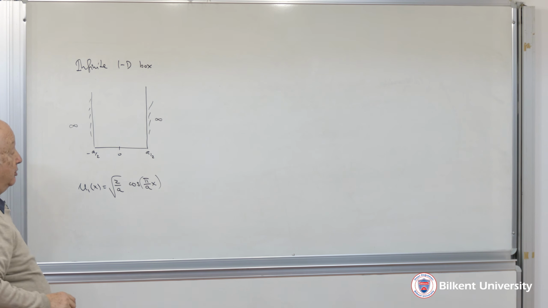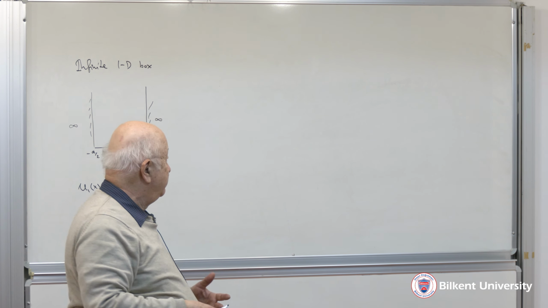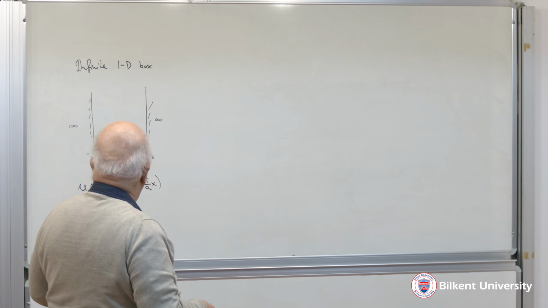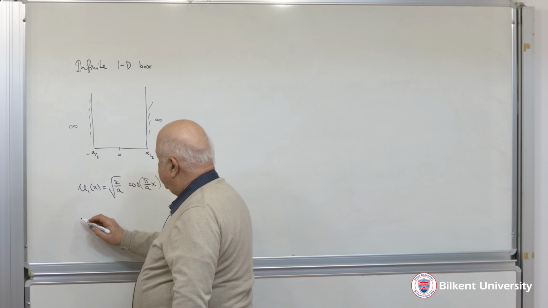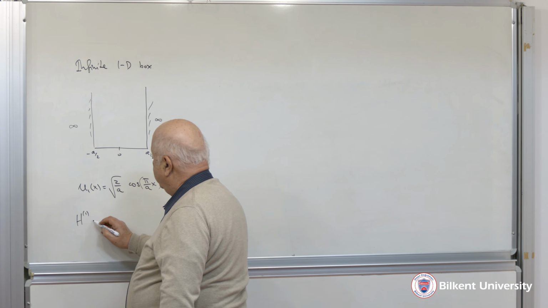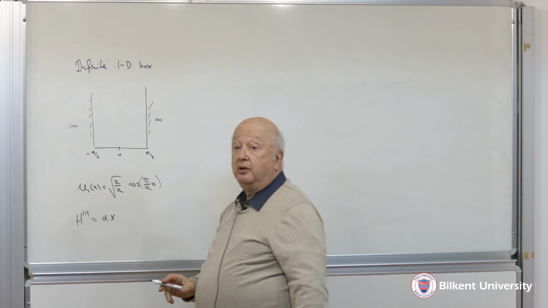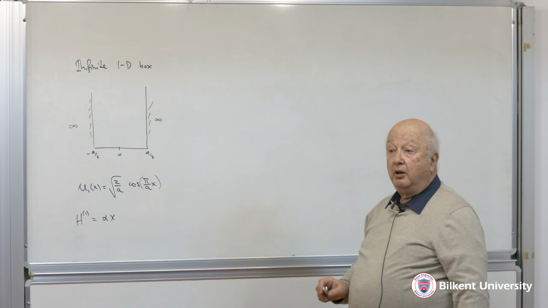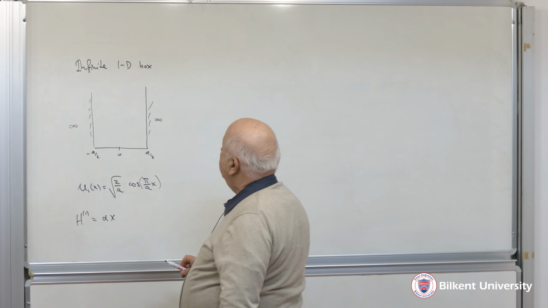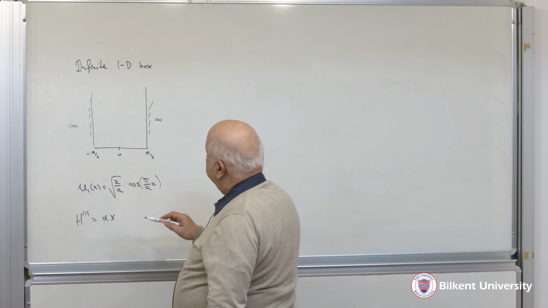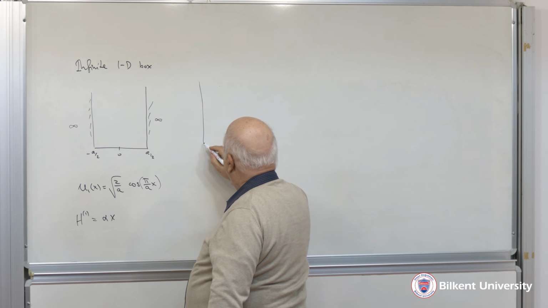So that's our ground state. Now, if I want to actually find a shift in the energy due to some perturbation, so again, let's just assume we just put in a linear perturbation. Okay. Now, when I put a linear perturbation, what happens? The potential turns into something like this.